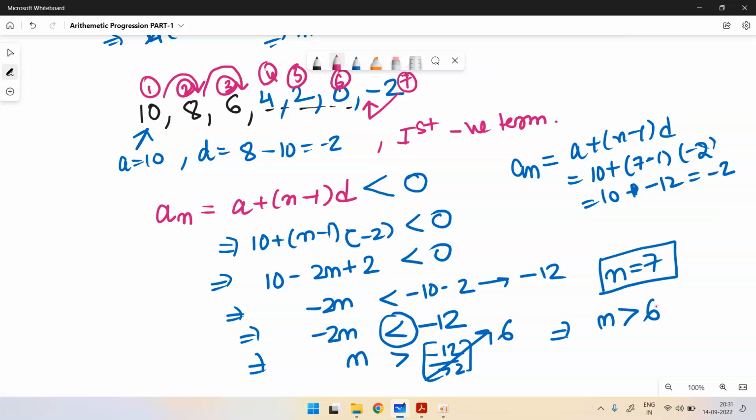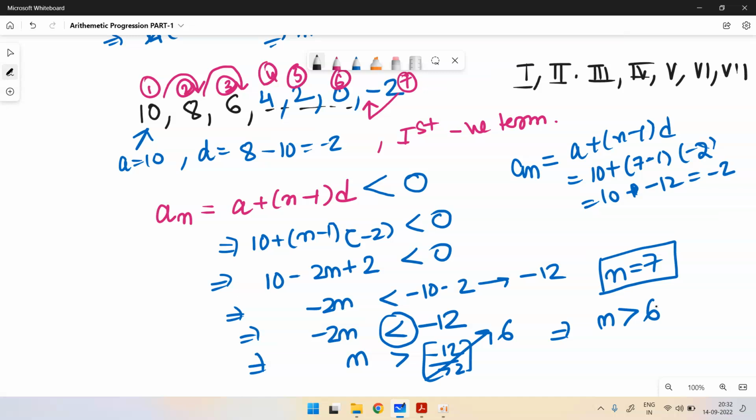Now why am I saying from the starting of the series? Because the question might come that if the series had 10 terms, find the first negative term from the last, or what is the position of a certain term from the last. What is the logic behind this? Suppose this is my first term, second term, third term, fourth term, fifth term, sixth term, and seventh term.